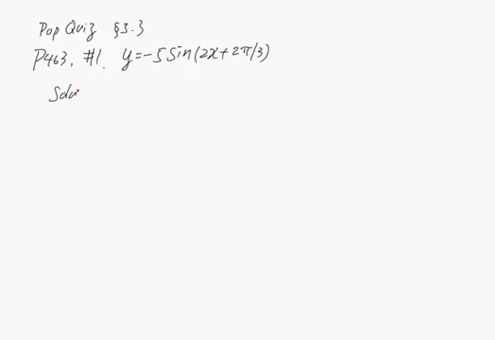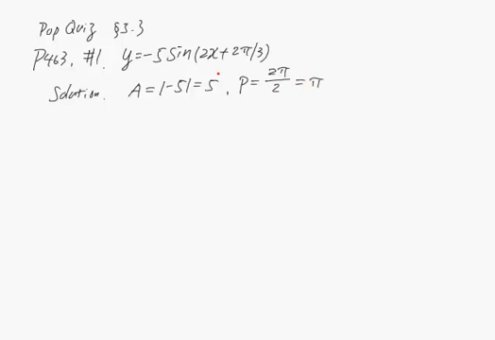First, we try to find the amplitude. The amplitude A is equal to the absolute value of the coefficient of the sine function. So that is the absolute value of negative 5, which is equal to 5. The period P is equal to 2 pi, which is the period of sine of x, divided by the coefficient of this x. So divided by 2, we get pi.